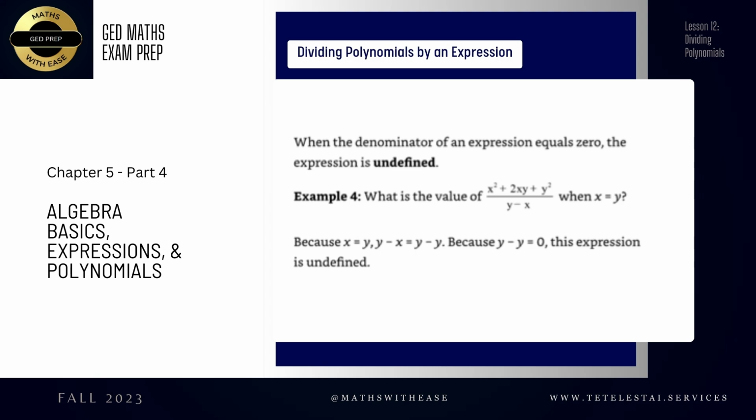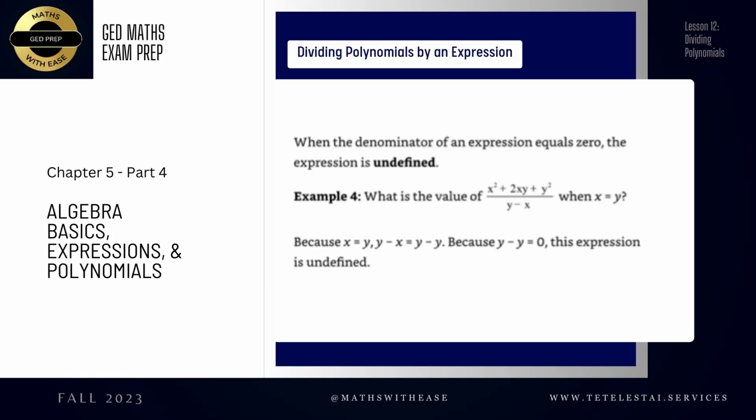There's a mathematical, theoretical explanation as to why dividing by 0 is undefined, but just know that there's no solution to that expression, and that's why it's known as undefined. In this particular instance, because we're dividing by 0, there's no solution, so this is known as an undefined expression. So the book wants you to pay attention to that in case you get an example where they give you an expression and then they say x equals y like they've done here, and then they give you a set of simplified solutions, and then maybe choice C is undefined.